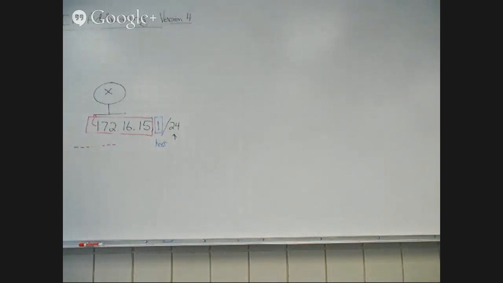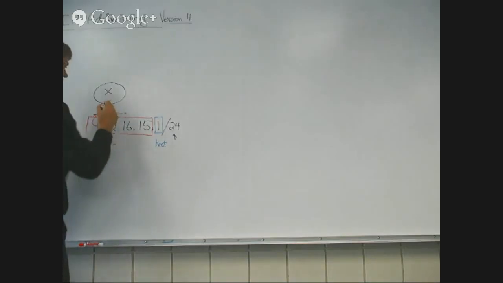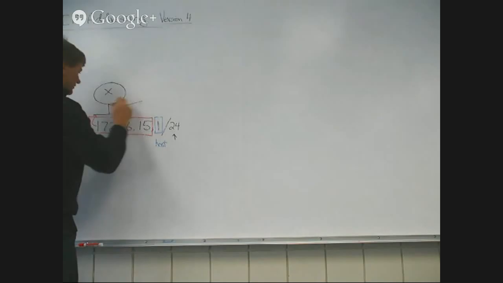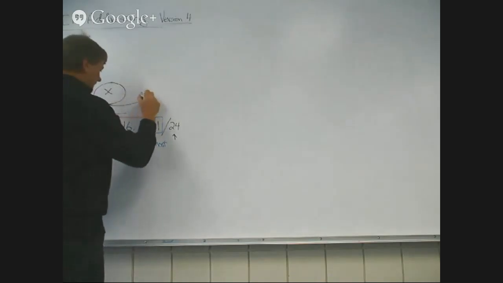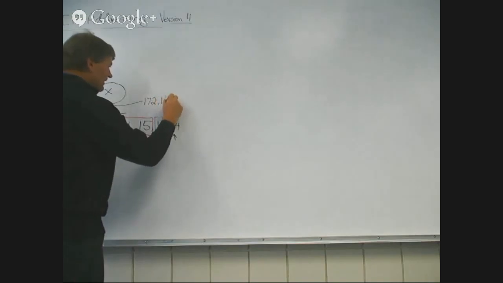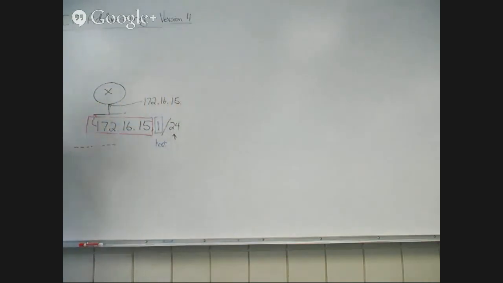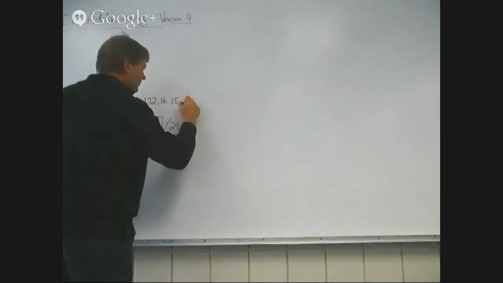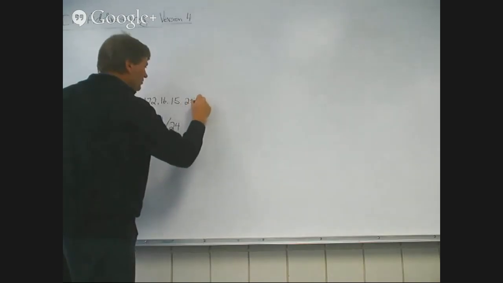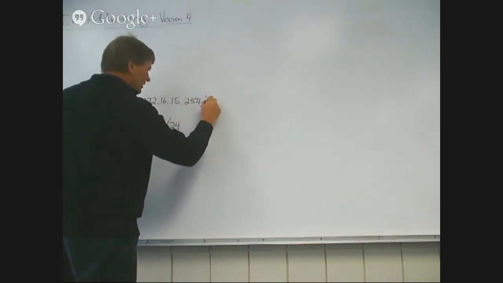What did you use for this address right here for the router? .254. Okay, so 172.16.15, that means it's on the same network, .254. And the reason we know it's on the same network is because of the prefix bits.